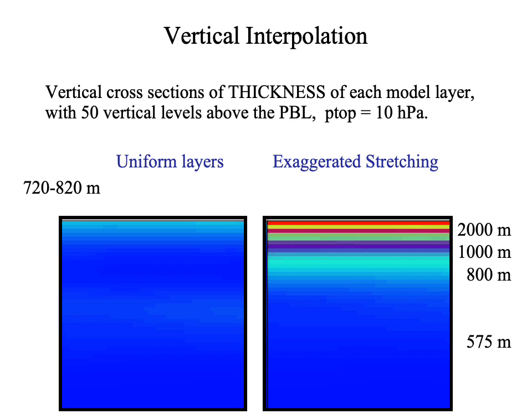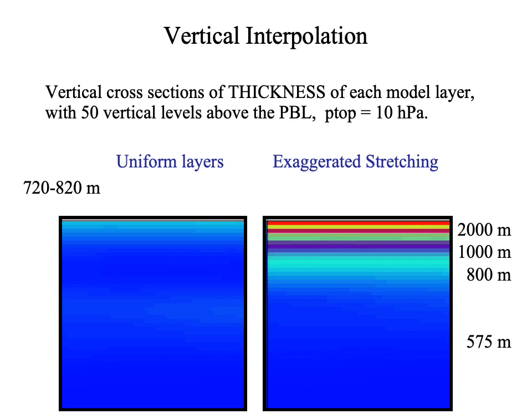On the right-hand side are levels that were linearly chosen by a user. What you tend to see is a set of levels that are finer in the mid-troposphere, and then they get an exaggerated stretch as you move from the tropopause up into the stratosphere.